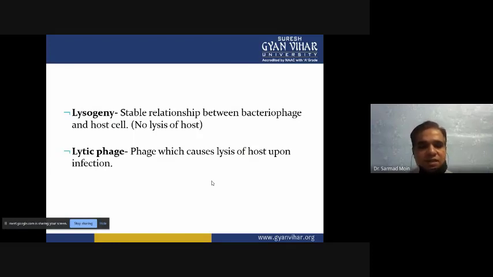So we divide transduction into two types. In the lysogenic phase, the host cell and the bacteriophage have a stable relationship, meaning the host cell will not be lysed by the bacteriophage. Lysis means breakdown of the cell wall and plasma membrane, so that many bacteriophages are released into the environment.